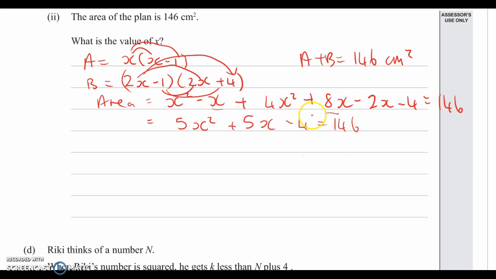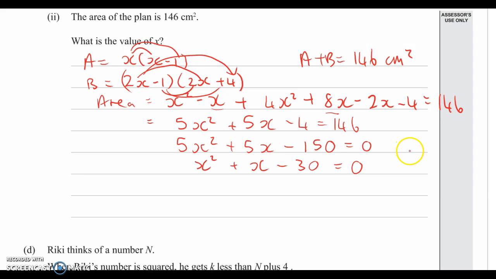So now I need to get my 146 over to this side. So it's 5x squared plus 5x minus 150 equals 0. Now luckily for me, I have noticed straight away that there is a factor of 5 in each of my terms. So I'm going to have x squared plus x minus 30 equals 0.